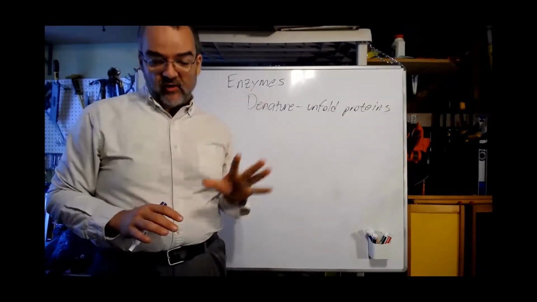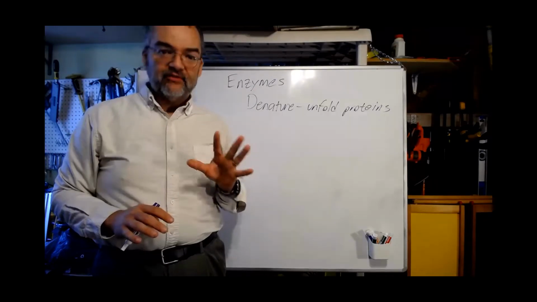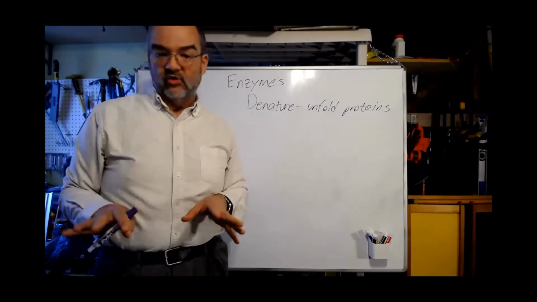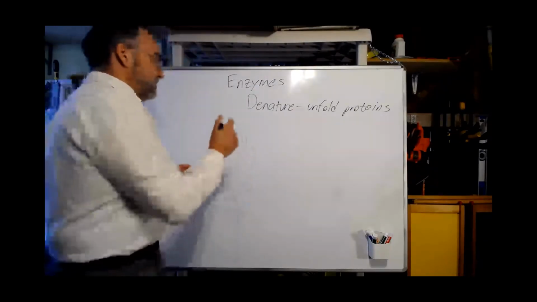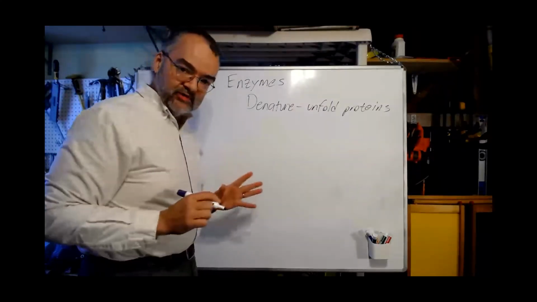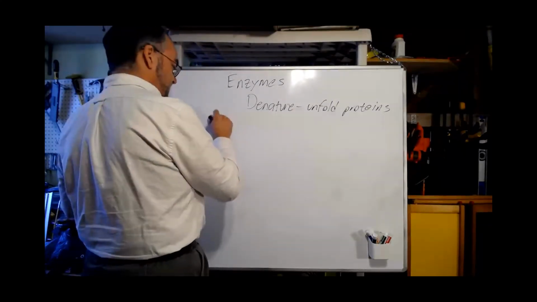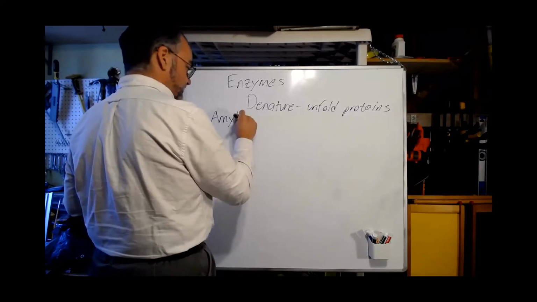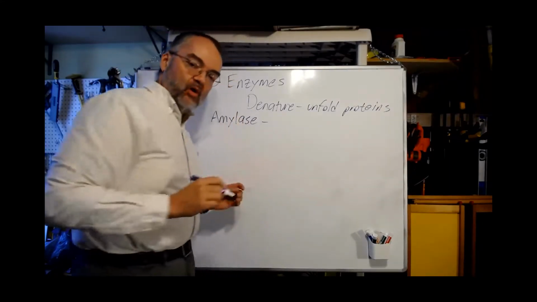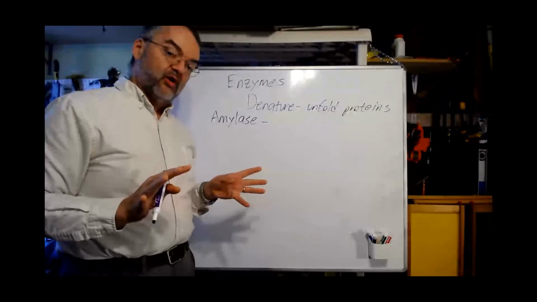Now, I also wanted to go through some of the specific kinds of enzymes so that the words aren't new to you as we do this. So, in digestion, there's several specific enzymes we're going to work with. Amylases. Amylases work on starch. Remember, starch is a glucose polymer.